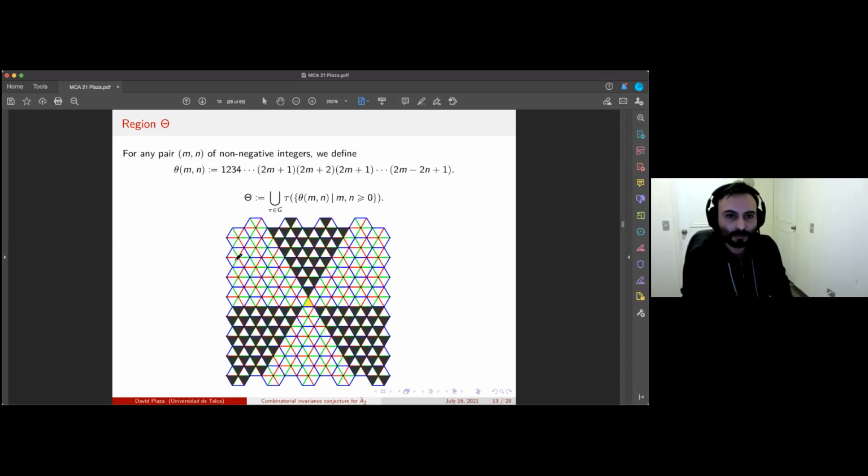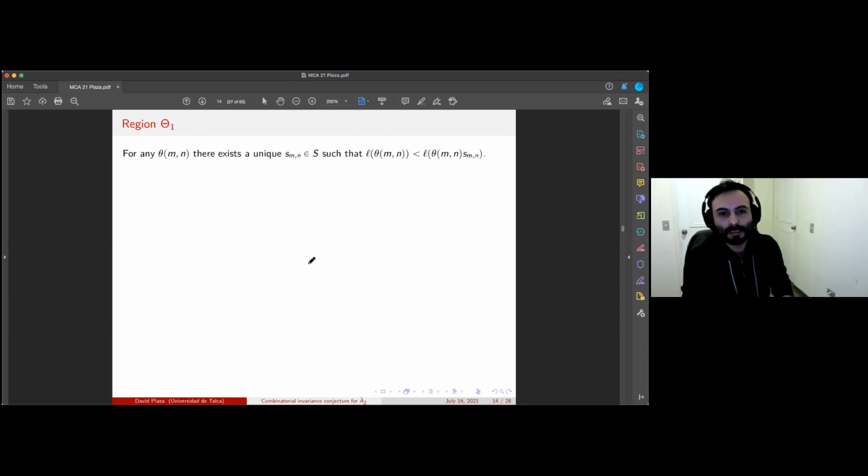The third region, region theta 1, is defined as follows. So first, we need to notice that for any theta mn, there exists a unique simple reflection, which we denote by smn, satisfying this inequality.